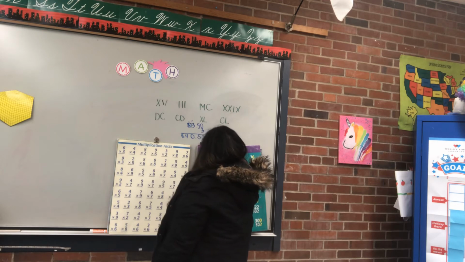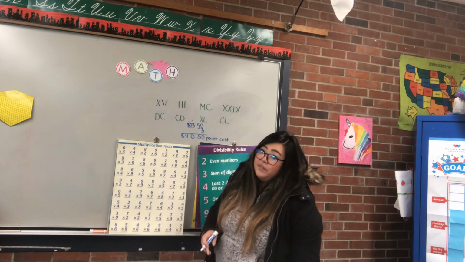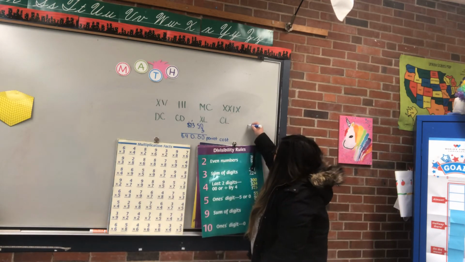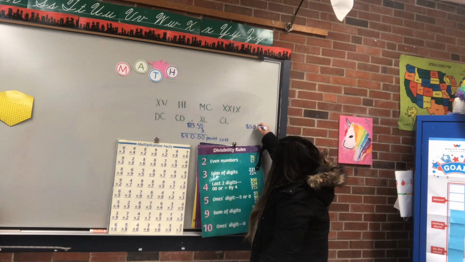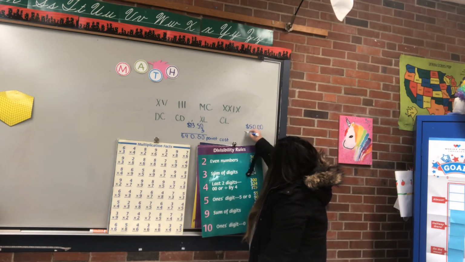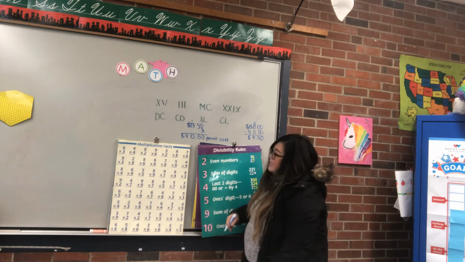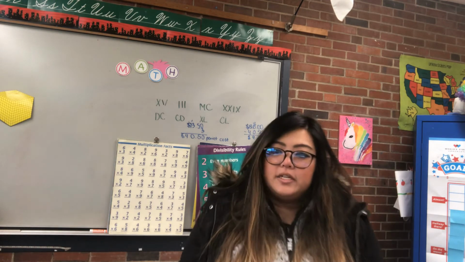But then they said how much change did he get from $50, right? So then you take your $50 and subtract $40.50, and you will get $9.50 change. Okay, $9.50 change.